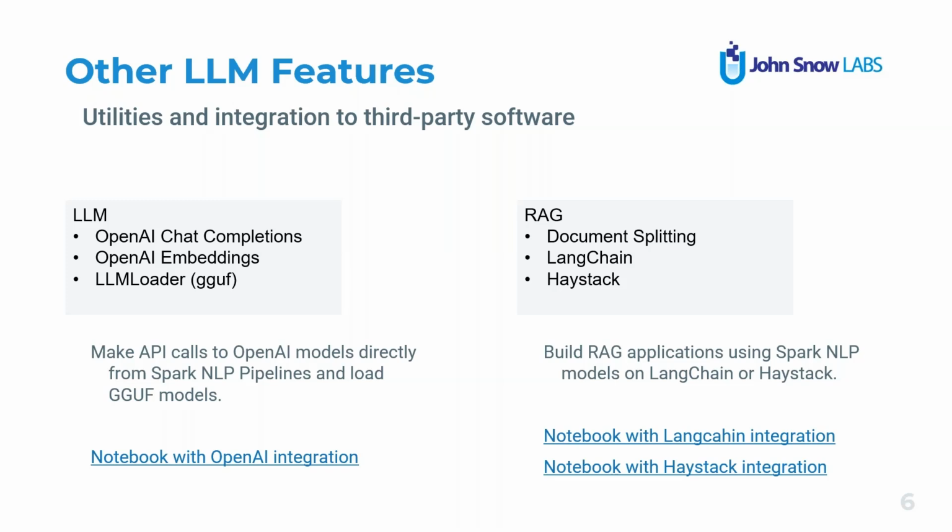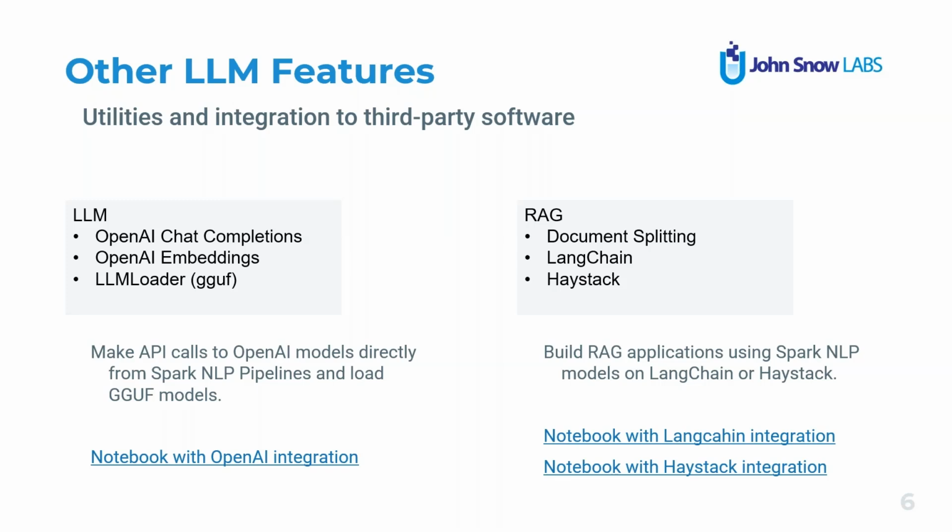So let's say we have a data processing pipeline, and we want to use OpenAI embeddings to create a representation of our documents so that we can store them in a vector DB. We can just create a pipeline, process it using OpenAI embeddings, and then save the vectors to our vector DB.